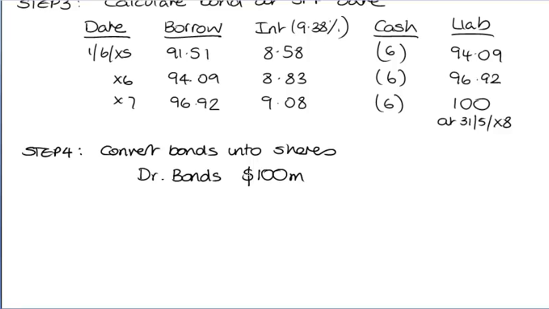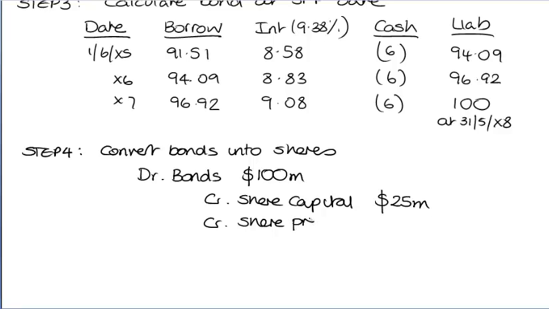How many shares have we created? 25. So we're going to credit share capital $25 million, and we're going to credit share premium $75 million.